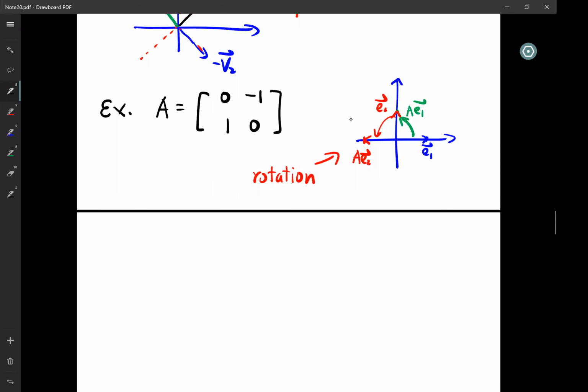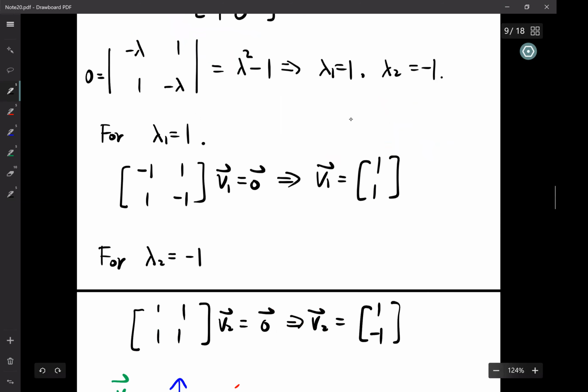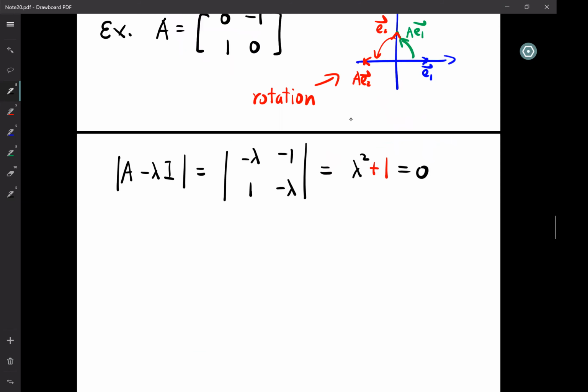So this is A minus lambda I. This is minus lambda, minus 1, 1, minus lambda. So this is lambda squared plus 1 equal to 0. Compared to before, it was lambda squared minus 1; now this one becomes plus 1.